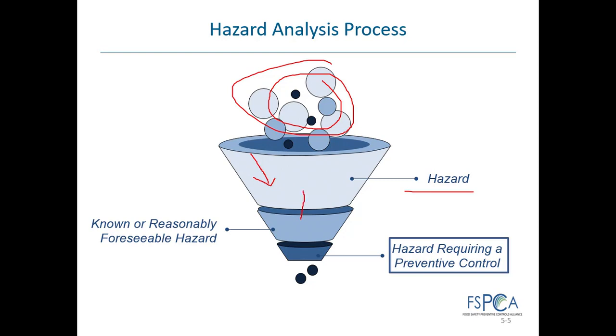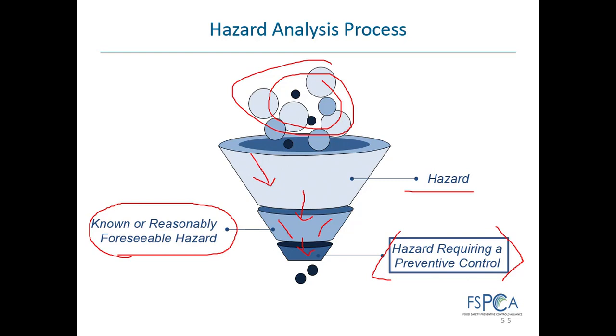Then we drop it into the next bucket. If it is a hazard, we drop it into the next bucket and ask ourselves, can it be associated with our facility? Can it be associated with our intended species? And that pops it into this definition of known or reasonably foreseeable within our facility. From there, where we're at right now, we've seen those two parts before, but this part right here is this third bucket.